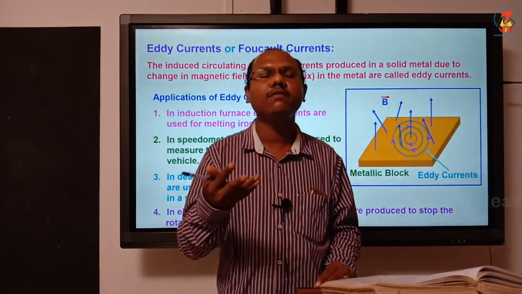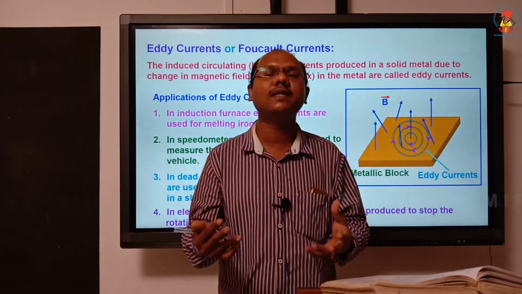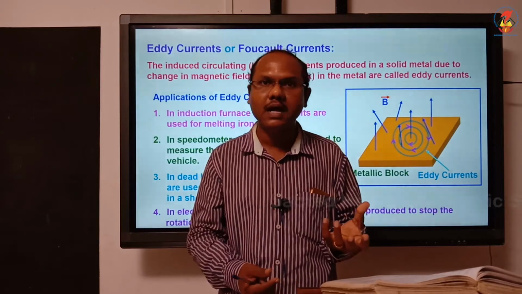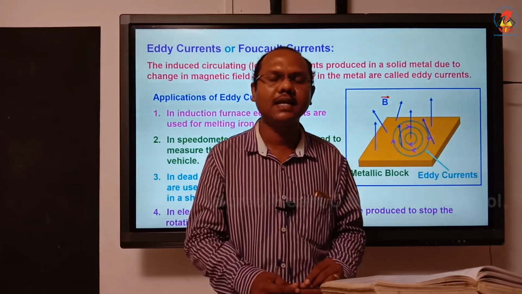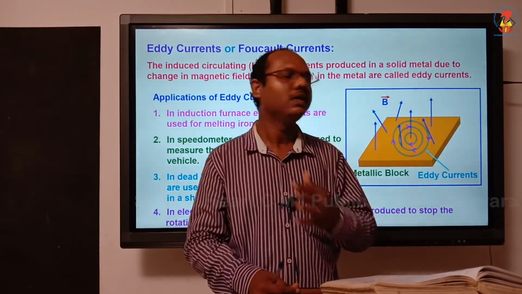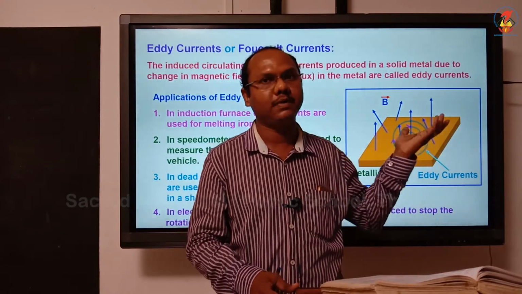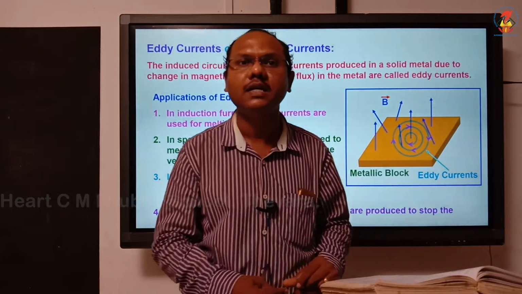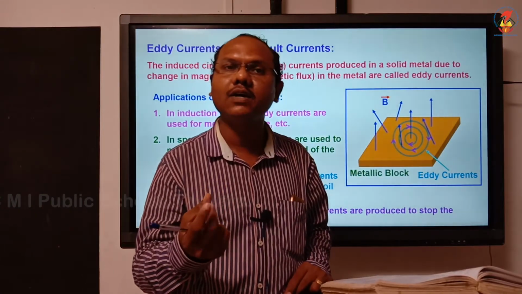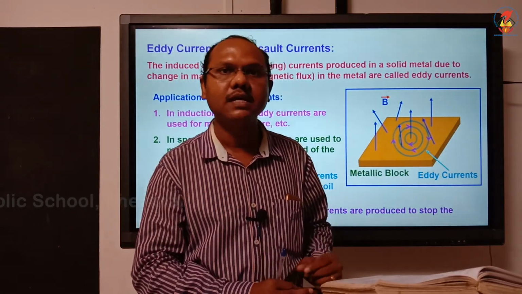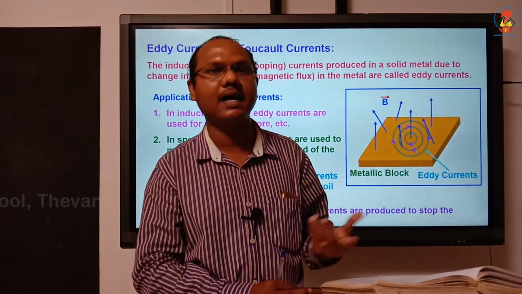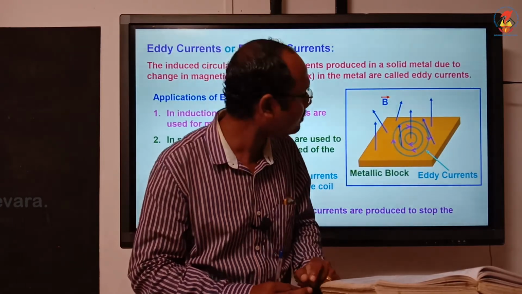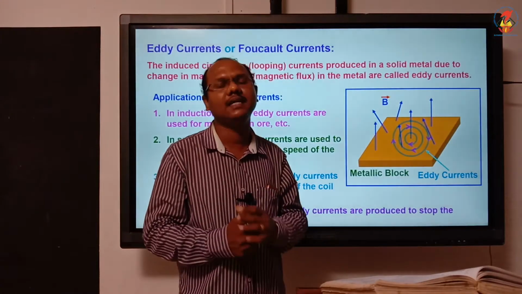So eddy current will be formed in the iron core, which will heat up the transformer and it will lead to the wastage of electrical energy. And that's not all. If the heat increases to an undesirable limit, then the insulating coating of the transformer will melt and it will lead to short circuit and the transformer will blast. So we have to reduce the eddy current.